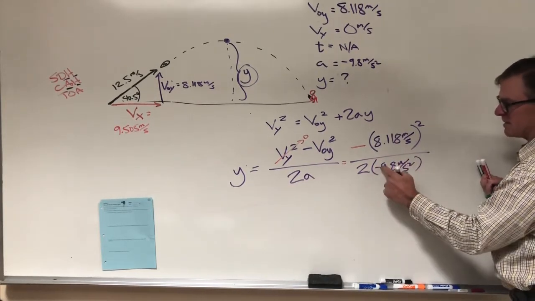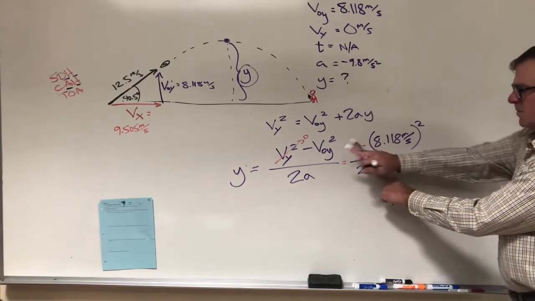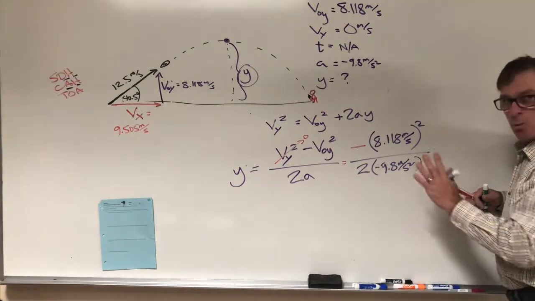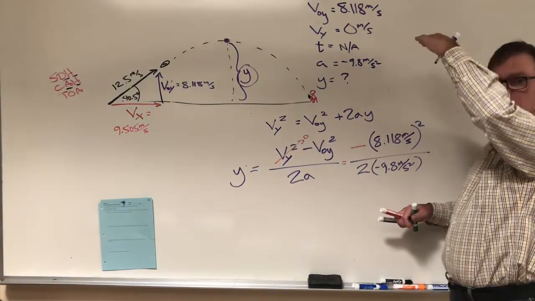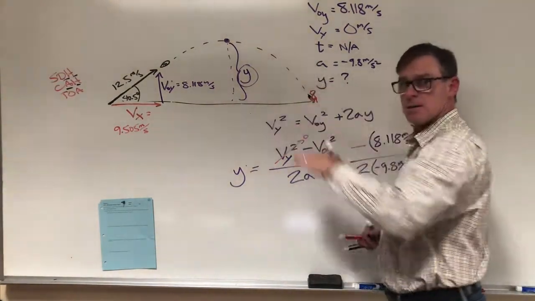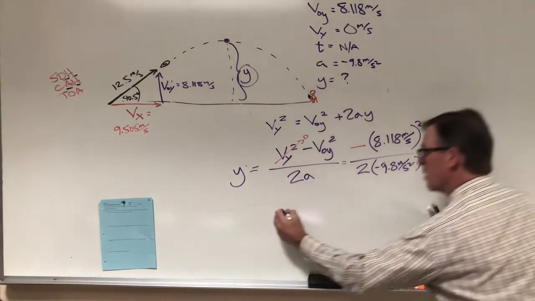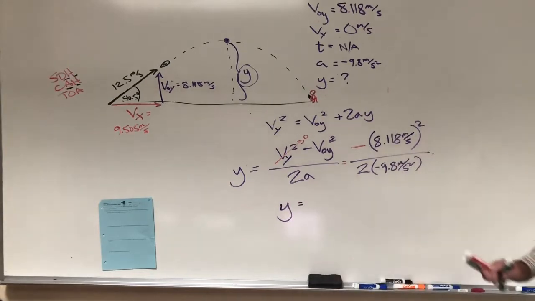Many of you realize that these two negatives cancel each other and go away, but that's what you want because the vertical height relative to 0, the ground, should be positive. When you perform this calculation, you get y equals 3.3624.